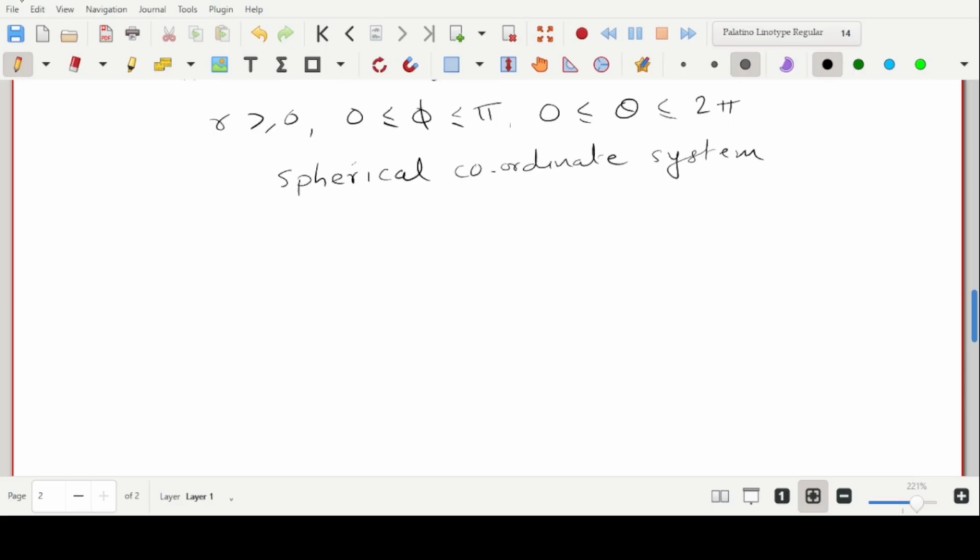Okay, now what is the Jacobian of this coordinate system?